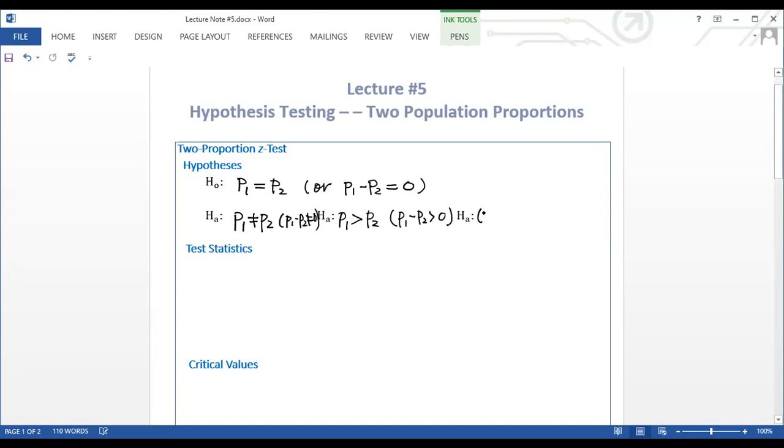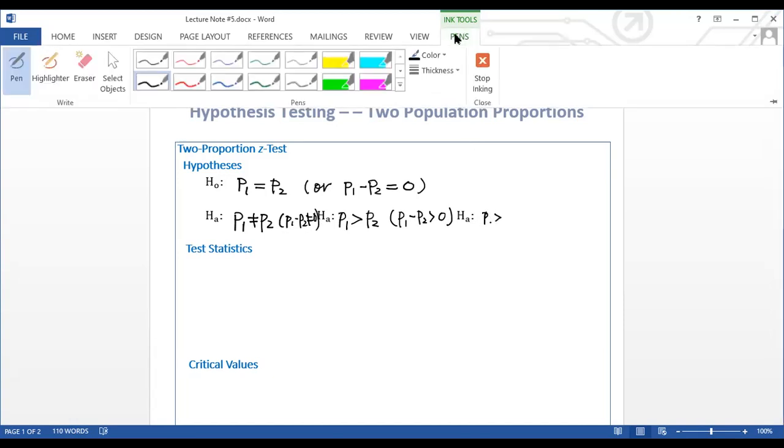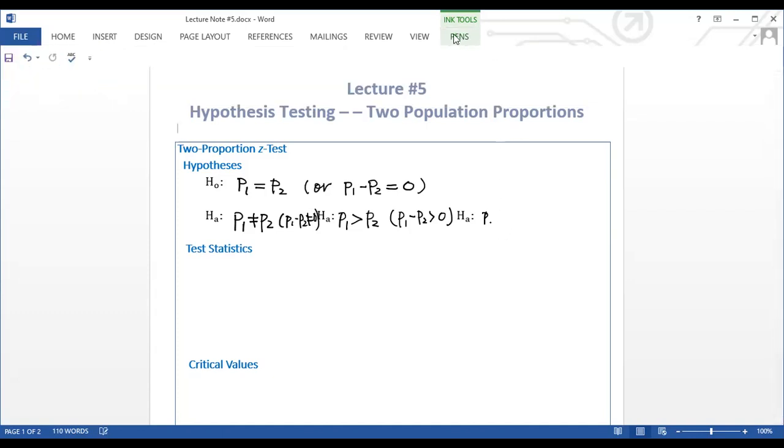Or we can say P1 is less than P2, or P1 minus P2 is less than zero.